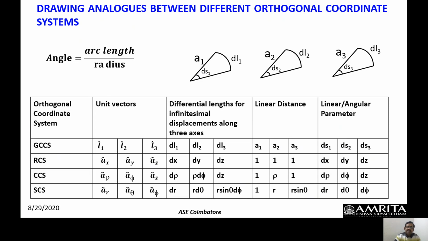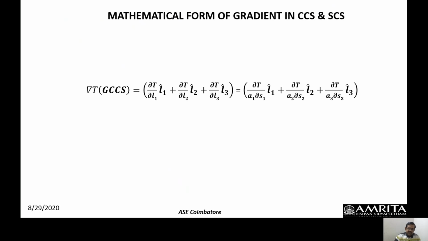The derivations for the generalized curvilinear coordinate system will be taken up later when we talk about the divergence function with respect to Gauss law and the curl function with respect to Ampere's law. At that time, I will discuss the derivation depending on the available time and how the classes go on during this COVID period. So that all depends on so many factors.